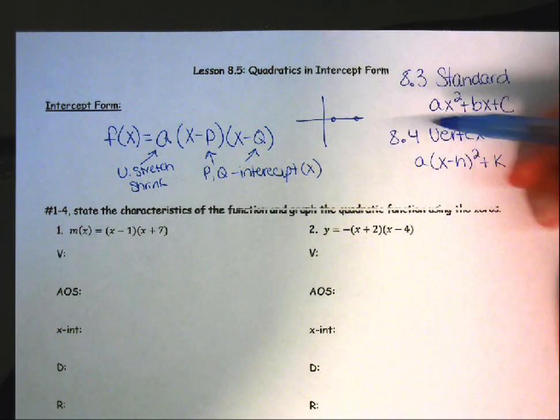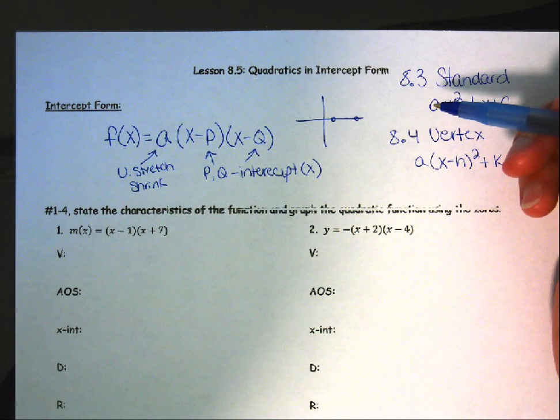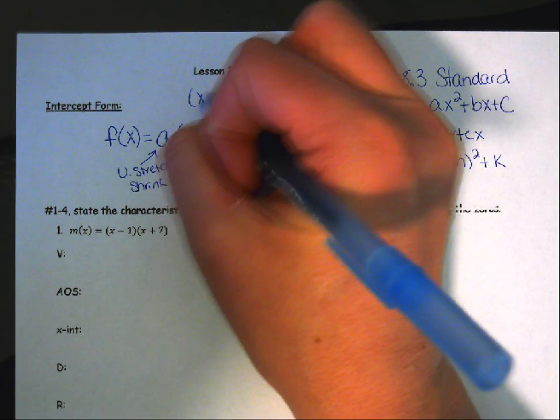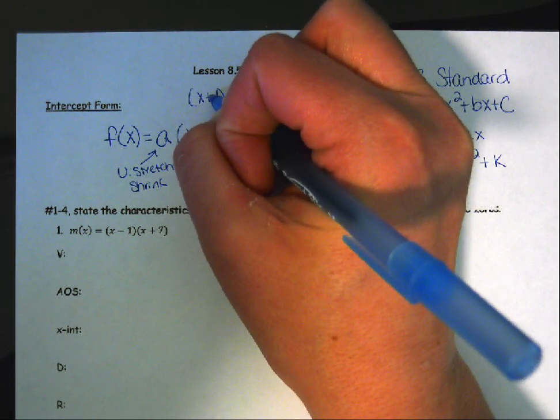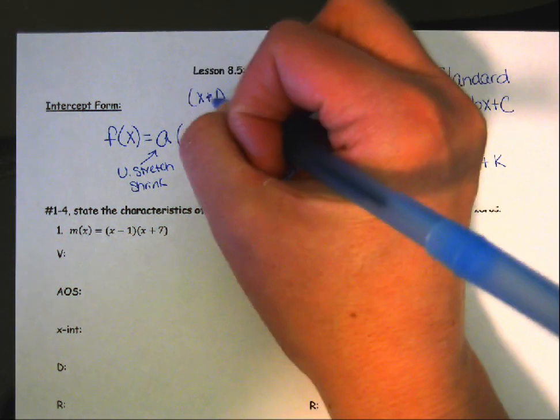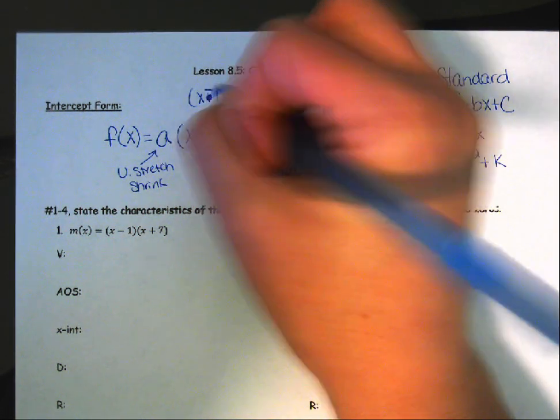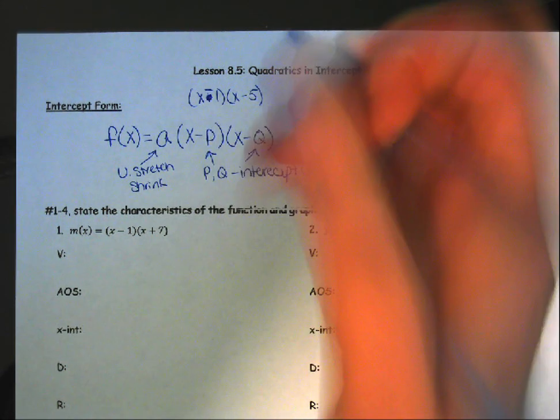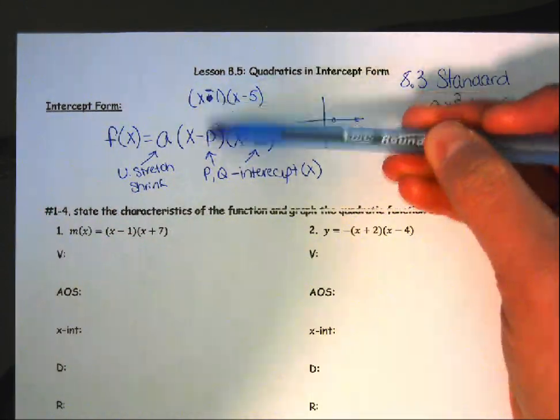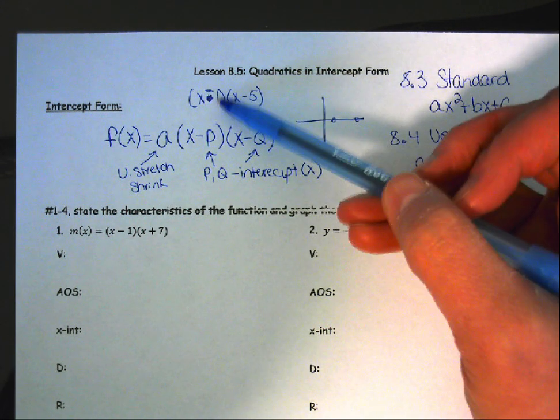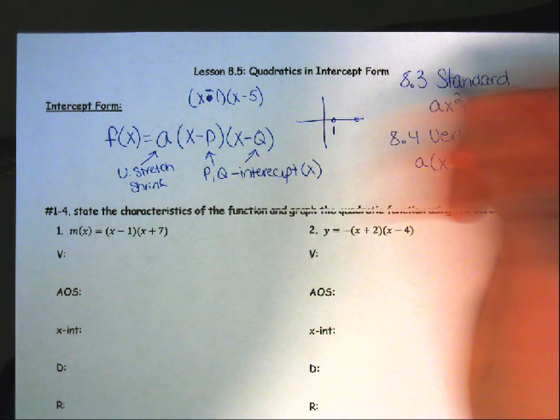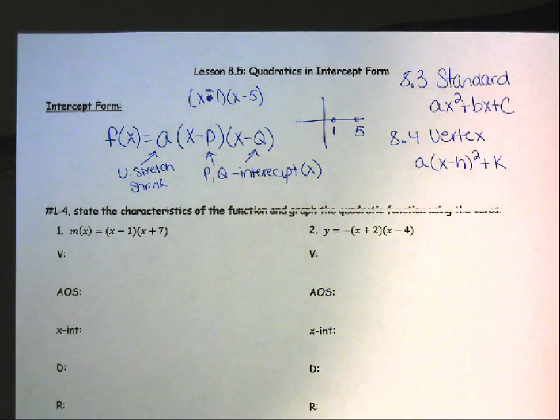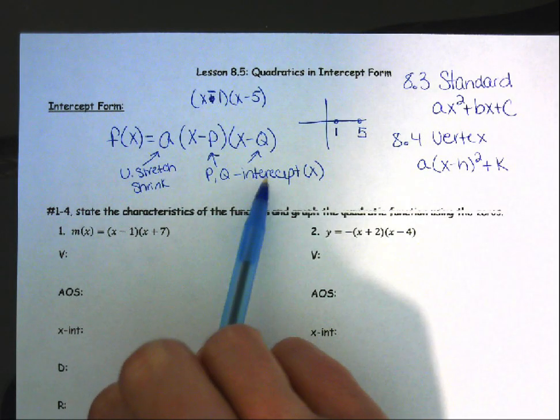Let's say you had x minus 1 and x minus 5. Because the subtraction sign is from the formula, this would cross at positive 1 and at positive 5. So these are called our intercepts.